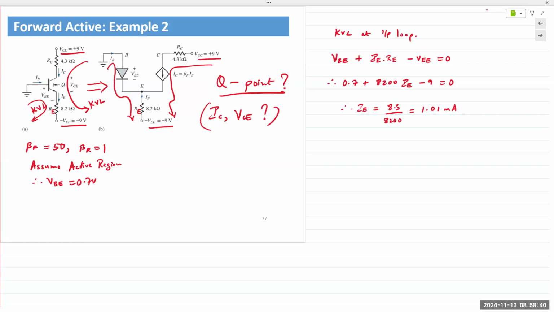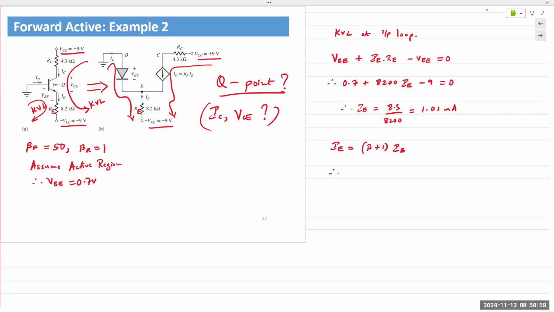Now, from the expression for IE, we can find IB. We can write IE is beta plus 1 times IB.